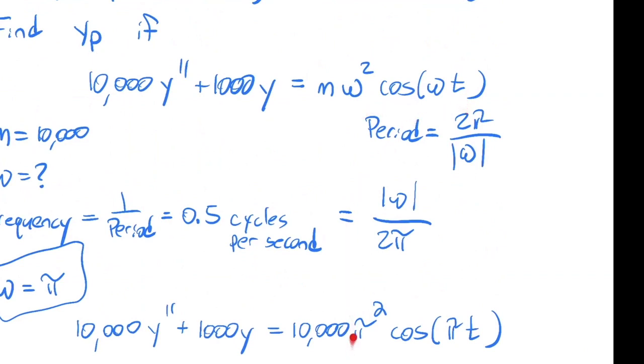And now we found out, given the mass and the frequency of the earthquake, exactly what the forcing function for the earthquake looks like. And we want to find the particular solution here. So any thoughts about what a good guess would be for this particular solution based on what we're looking at over here?